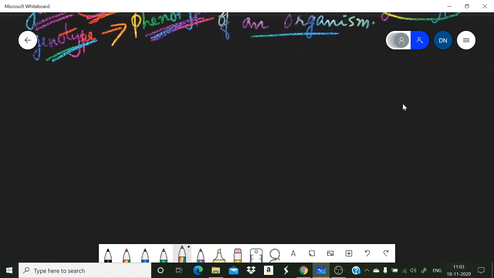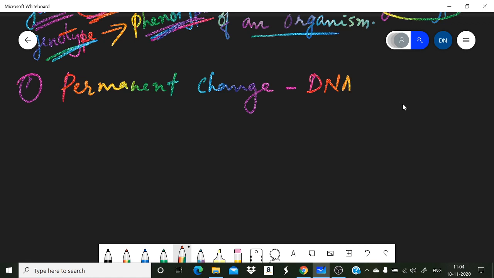So we can say mutation is a permanent change in the DNA molecule of an organism. DNA is a nucleic acid, deoxyribonucleic acid. That is the genetic material in most of the organisms.